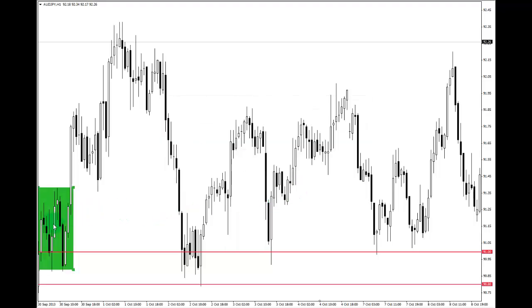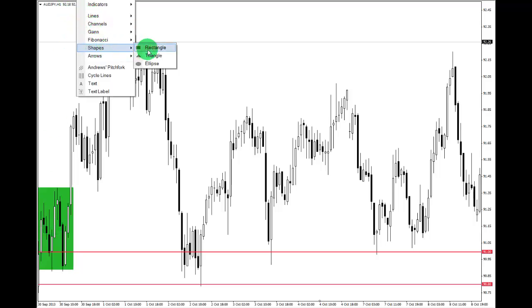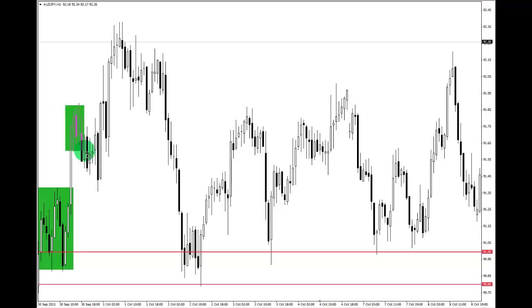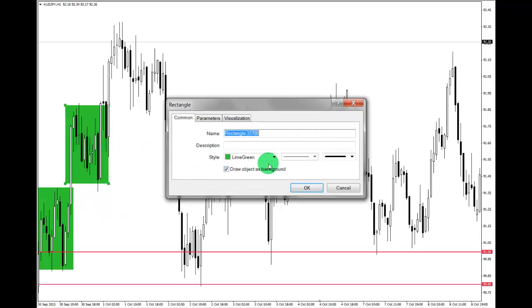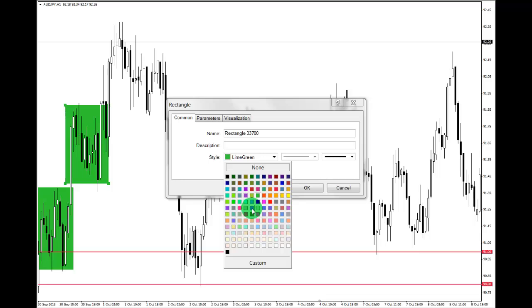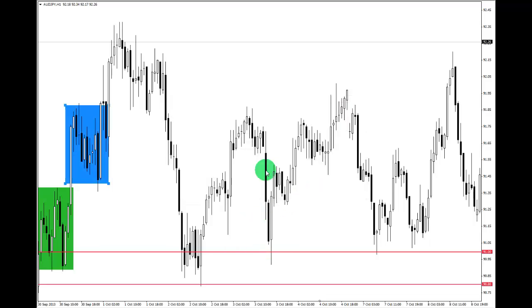We have the reaccumulation. We have the smart money reversal.